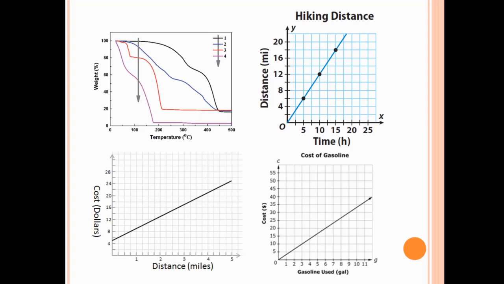Now, our second point is 10, 12. So we have 10 as our x and 12 as our y. And for our last point, we have 15 and 18. Write it down as well.